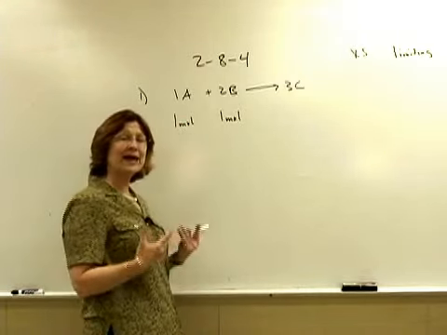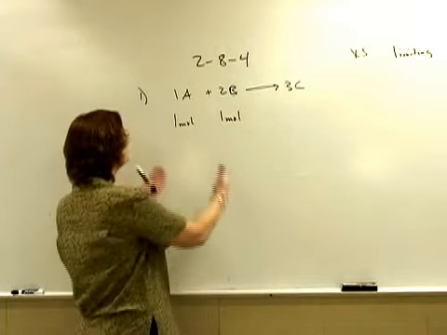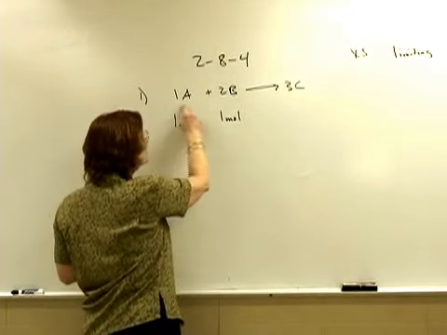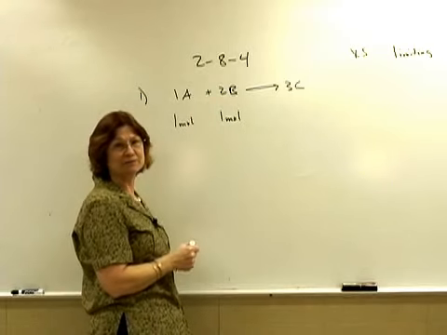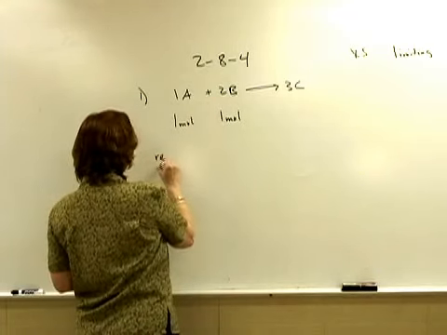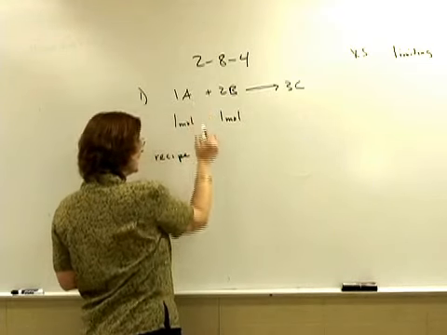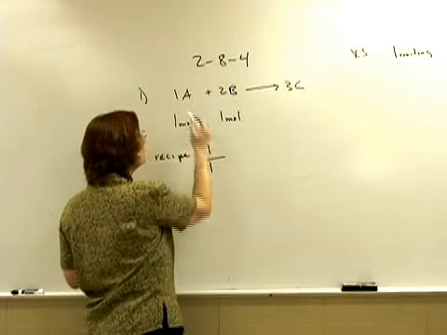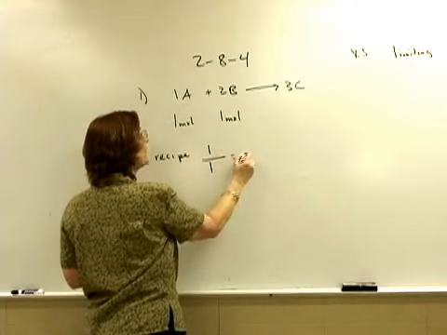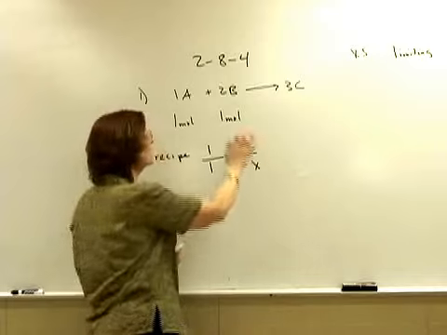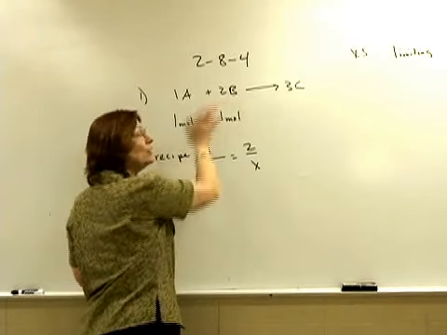Now, the way that I handle this is that I always go to the first one that I am working with. And my recipe is my balanced equation. So in my recipe, I have 1 A, and 1 is to 1 mole, as 2 is to X. I am ignoring the fact that I actually have 1 mole here.